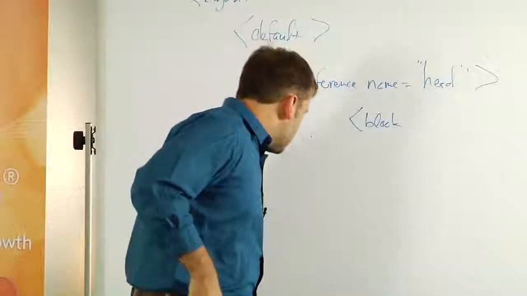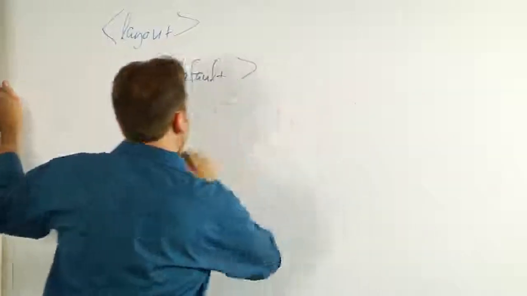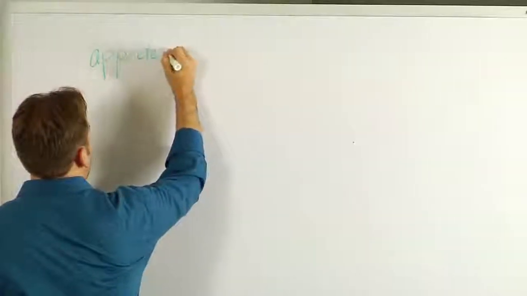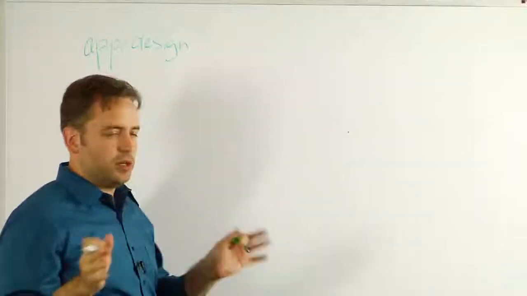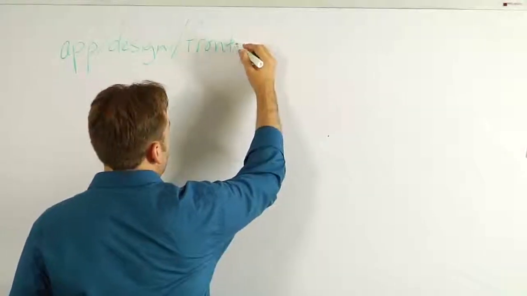So, quick reminder. I mentioned this the other day. When you're thinking about a theme, I think it's generally a good idea to consider templates and skin together. So what that maps out to in the file system, app design, and in this case we'll just deal with the front end because we're not going to review skinning or theming the admin.